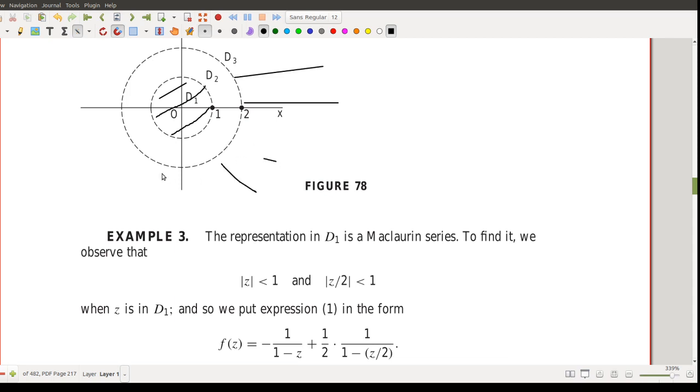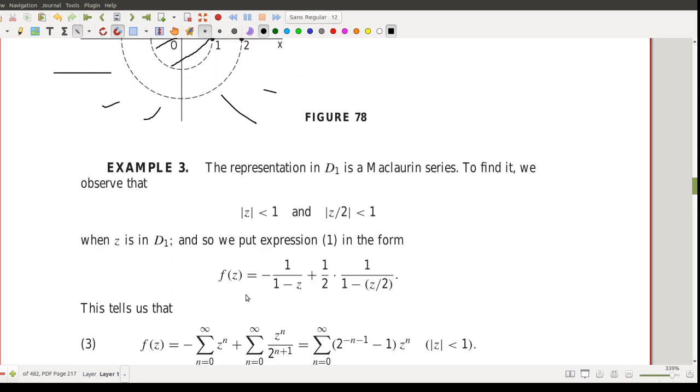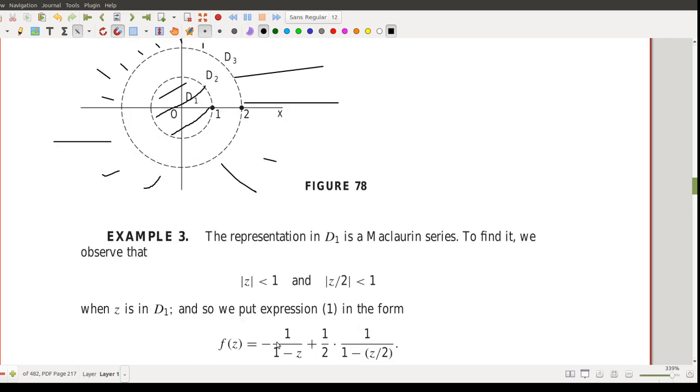Okay, so if we have three different regions, then our aim is to find series expansions of the function f of z equal to minus 1 by (1 minus z) plus 1 by 2 times 1 by (1 minus z by 2) in each region.